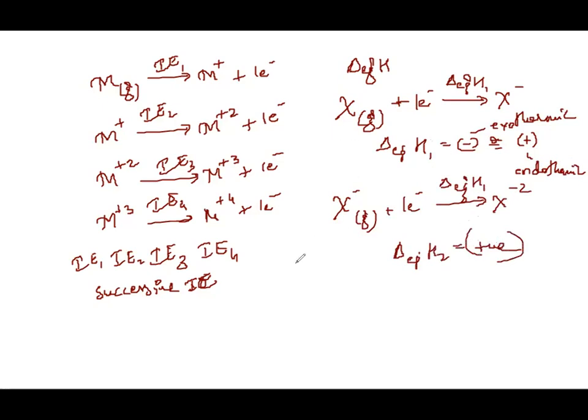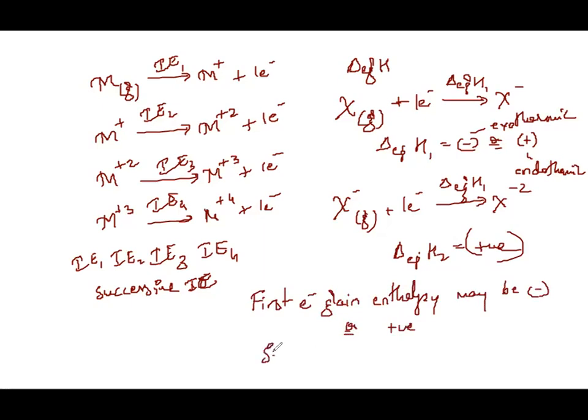The first electron gain enthalpy may be negative or positive, but the second electron gain enthalpy is always what? It is always positive. That is, the process is always endothermic.